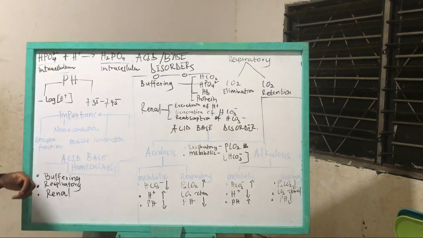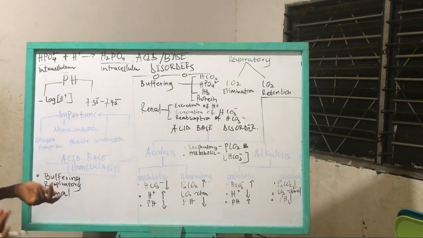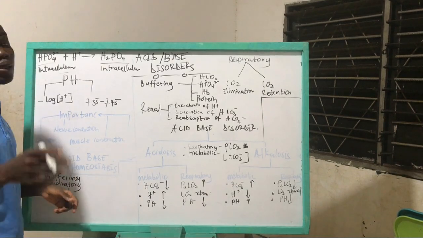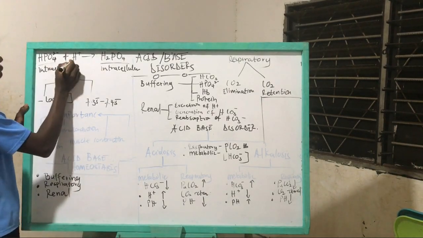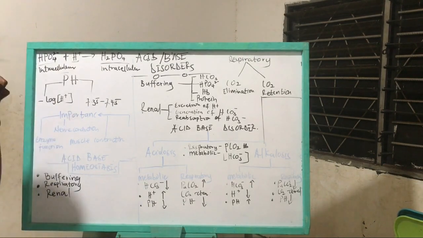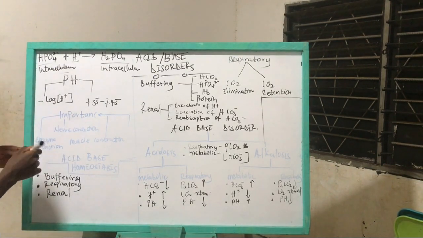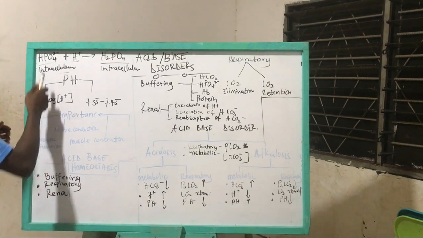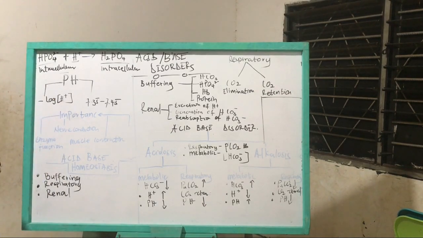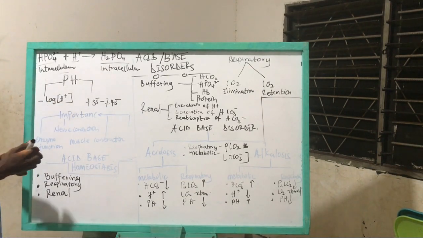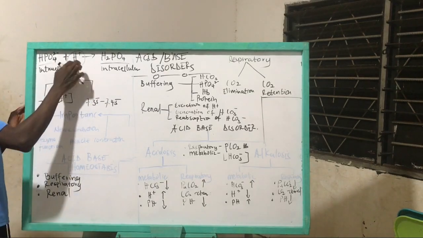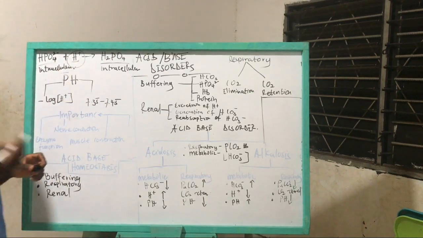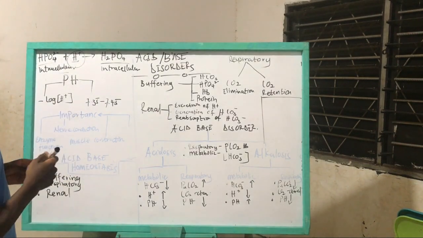So when there is so much hydrogen ion concentration within the intracellular fluid, the hydrogen ion binds to the hydrogen phosphate to form dihydrogen phosphate. So this is also a way of mopping up excess hydrogen ions in the intracellular compartment.